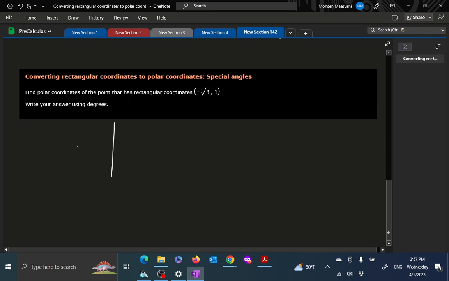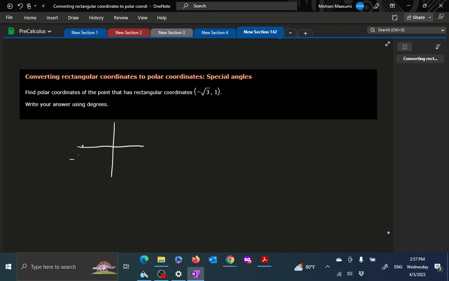In this case, we have x is minus radical 3, and y is 1. If I have a triangle with sides radical 3 and 1, squaring them and adding them up becomes radical 3 squared plus 1 squared, that becomes 4, and then I have to take the square root of this, and that becomes 2. So r is 2. Next issue, what is this reference angle here, alpha?